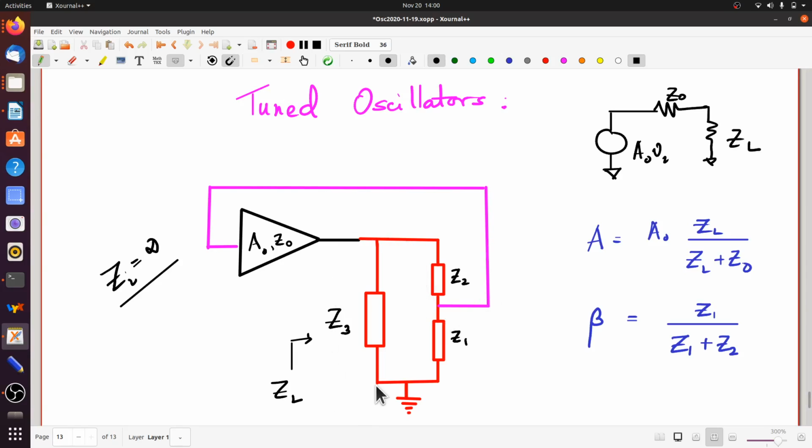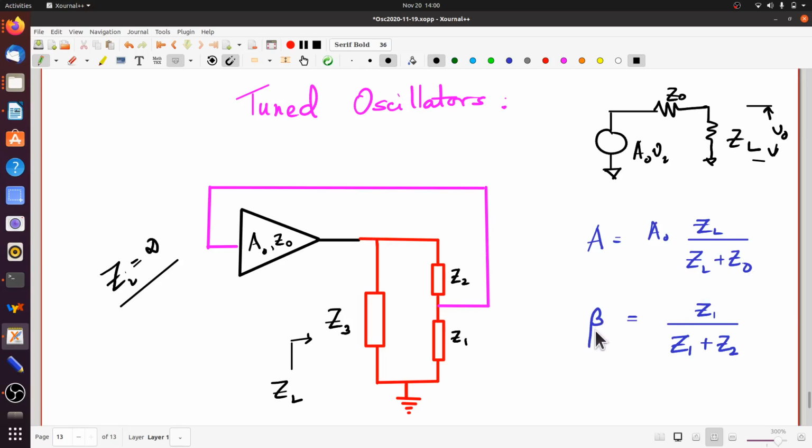ZL is this Z3 parallel with Z1 plus Z2. So A is going to be A0 times ZL by ZL plus ZO. So that's the actual gain, right? Because the output voltage, whatever you get here, is actually A0 VI times ZL by ZL plus ZO. So this is the actual gain of the amplifier.